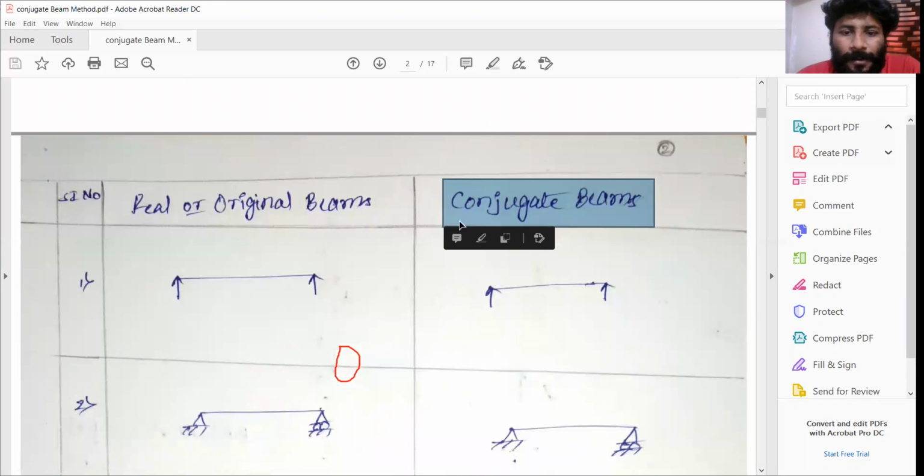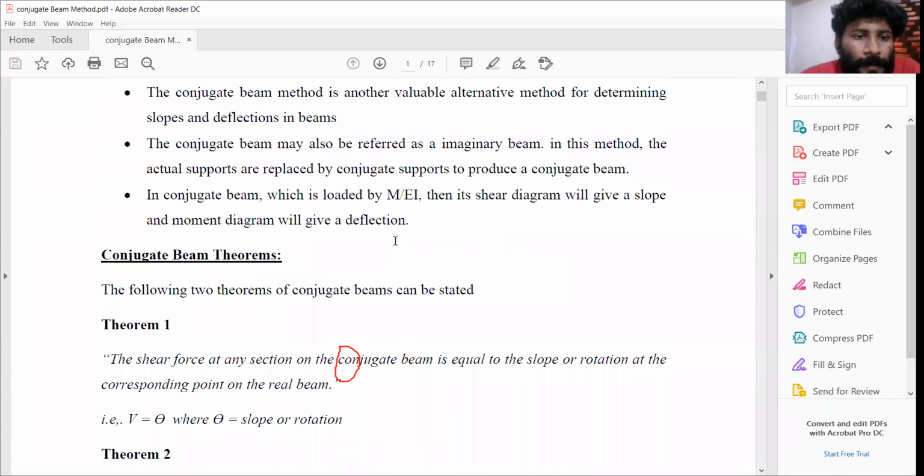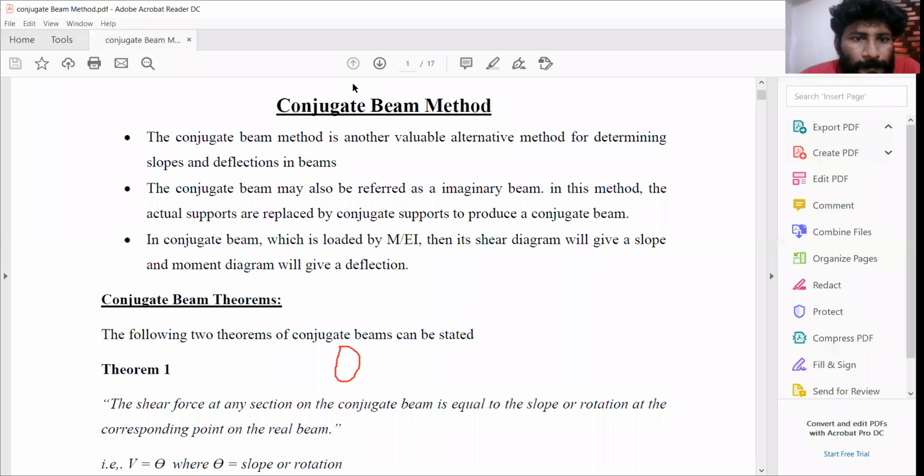Now we'll see the application of the conjugate beam method to find slopes and deflections. We'll move on to the introduction part again. Here you can see the conjugate beam is loaded by the M by EI diagram. In the previous session we also discussed this term, the M by EI diagram. M is the bending moment value divided by flexural rigidity.